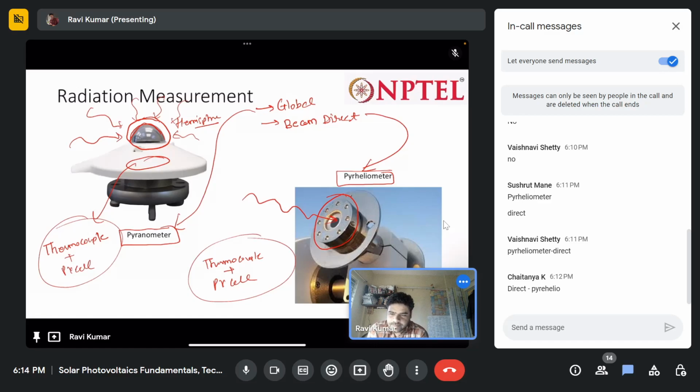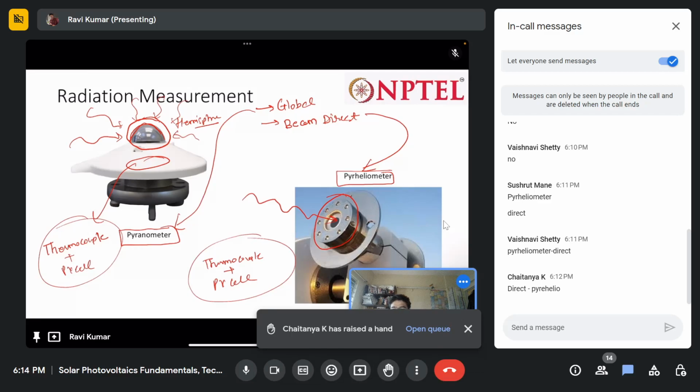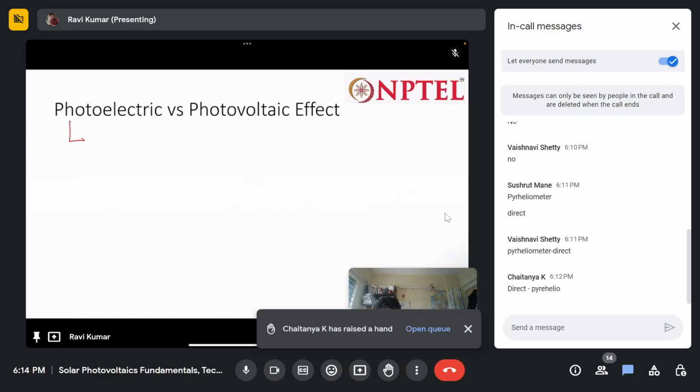Major question: have you read about the photoelectric effect as well as the photovoltaic effect? Does anyone know the difference between them? Yes, Chaitanya. Sir, in the photoelectric effect, we excite the electrons from the metal into the atmosphere. In photovoltaic, we just excite the electrons, but they remain within the system itself.